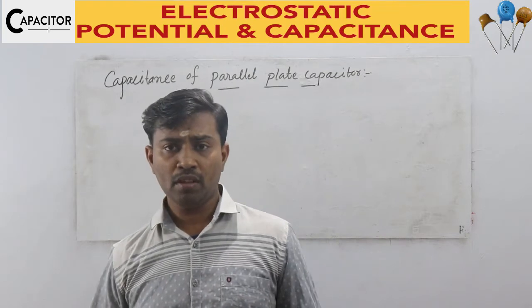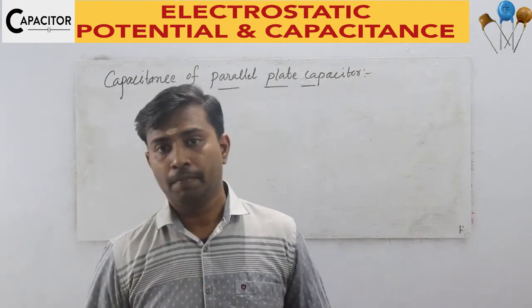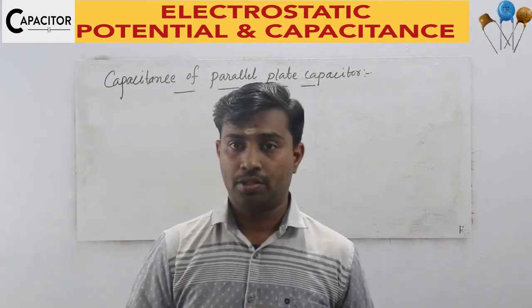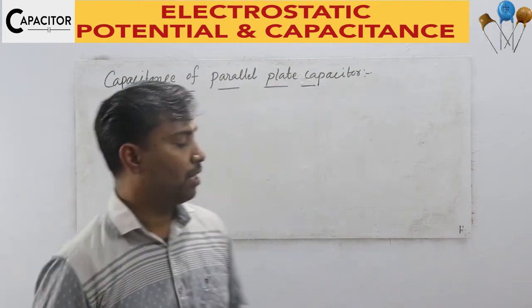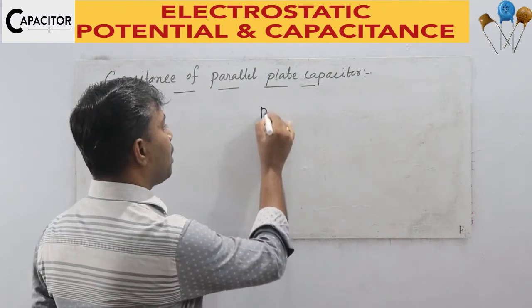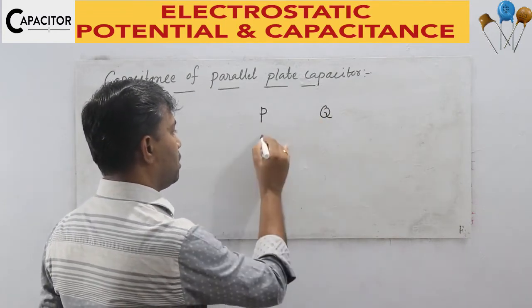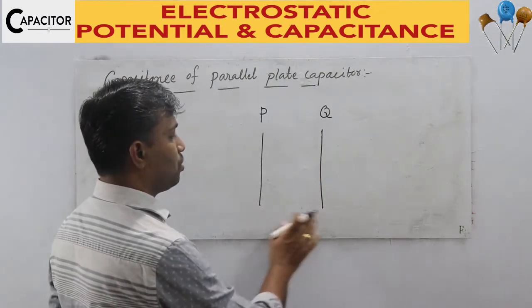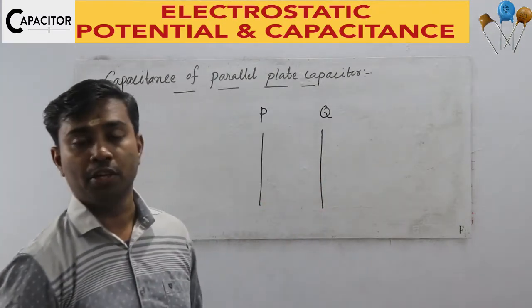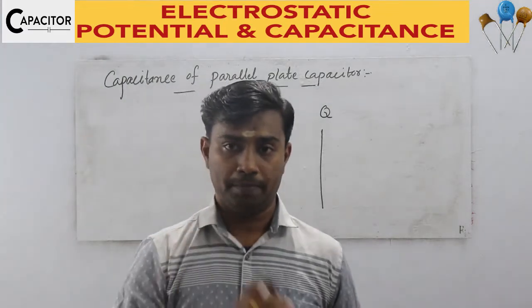We consider two parallel metal plates. Here we consider this one is P and the other is Q. These are the two metal plates, P and Q.